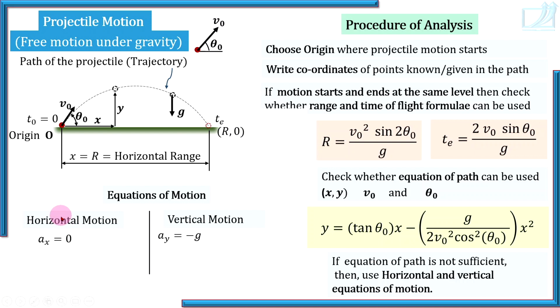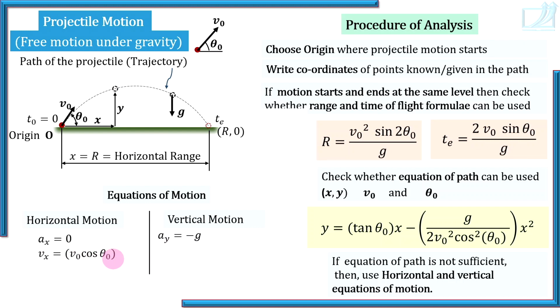So when you write horizontal motion, you should think about horizontal acceleration, horizontal velocity and horizontal position of the projectile. Horizontal position means x coordinate. And for vertical motion you are going to write vertical acceleration, vertical velocity and vertical position. Vertical position means y coordinate.